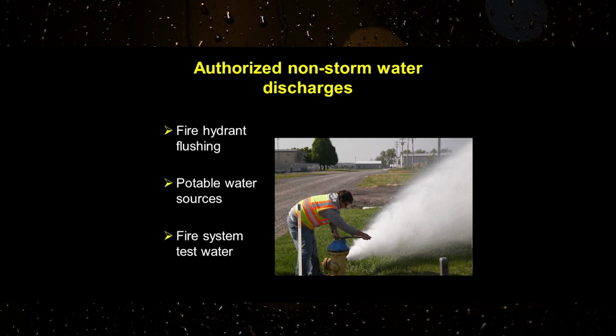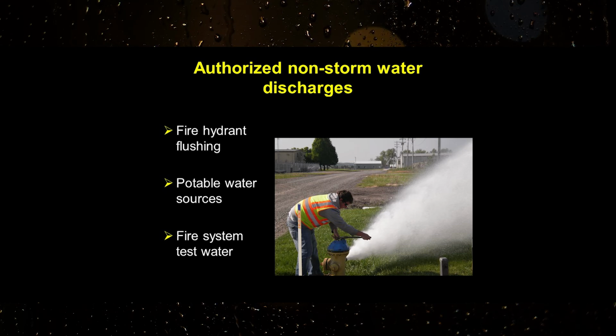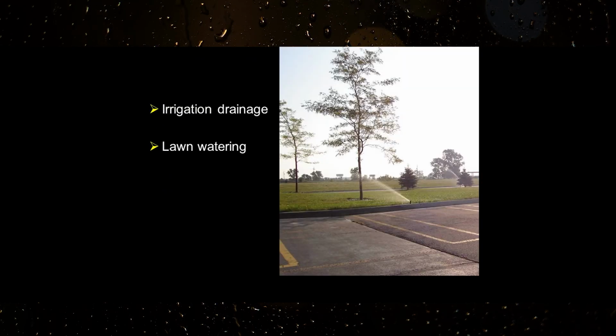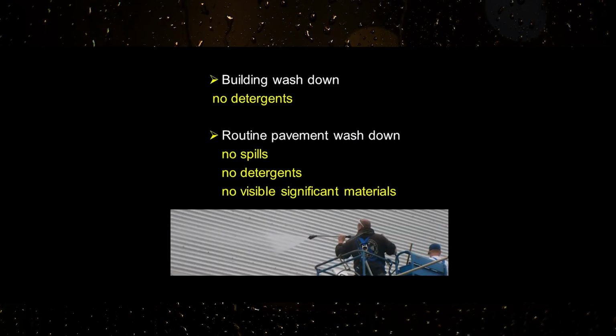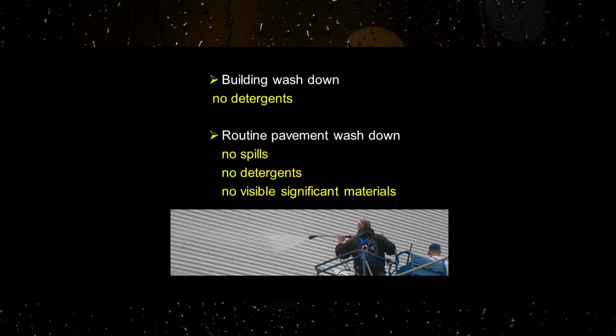Authorized non-stormwater discharges include discharges from fire hydrant flushing, potable water sources including waterline flushing, fire system test water, irrigation drainage, lawn watering, routine building washdown which does not use detergents or other compounds, pavement wash waters where spills or leaks of toxic or hazardous materials have not occurred unless all spilled material has been removed, and where detergents are not used.